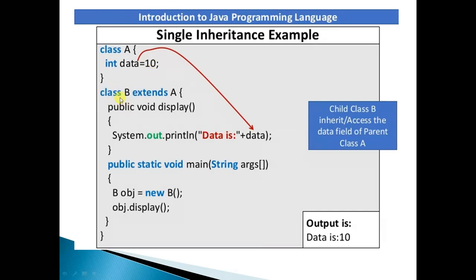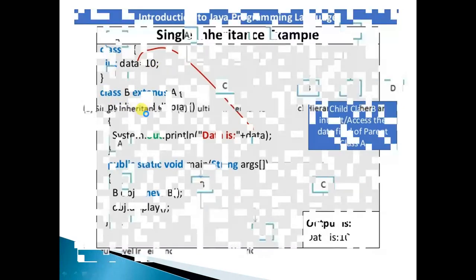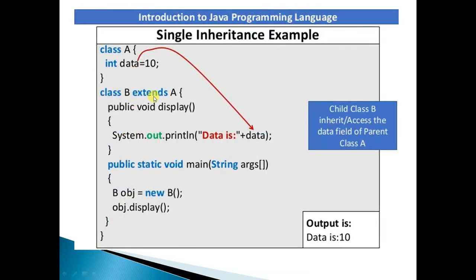There is another class, class B, like in this diagram, which is extending class A. It means the properties of A will be carried into class B, so we can access the values of class A in class B. We can make a sentence like this: class B is inherited from class A, or class A is a superclass or base class, and class B is a derived class.